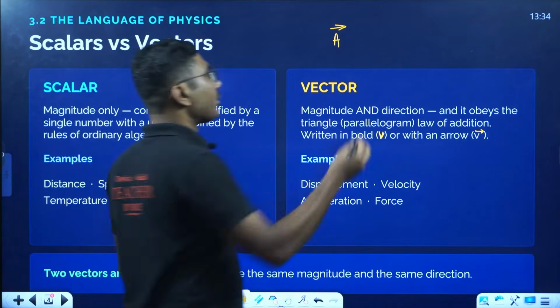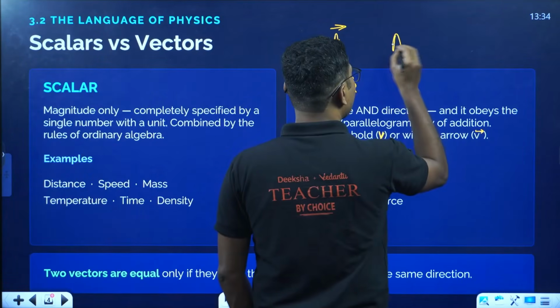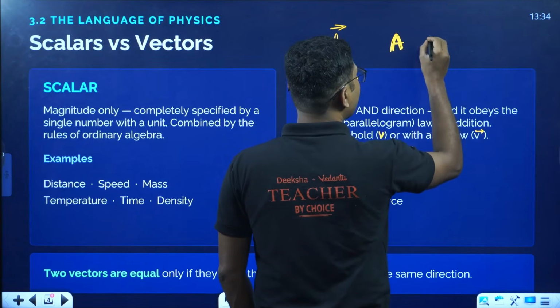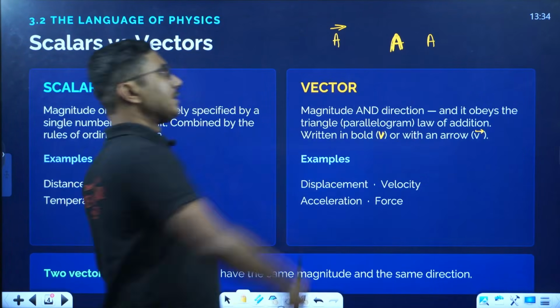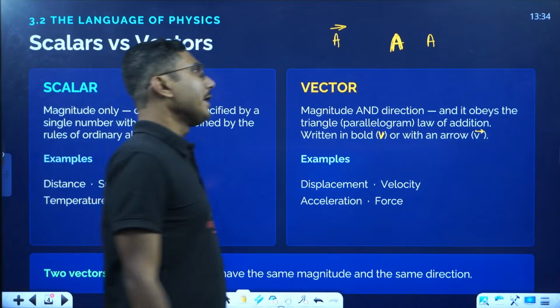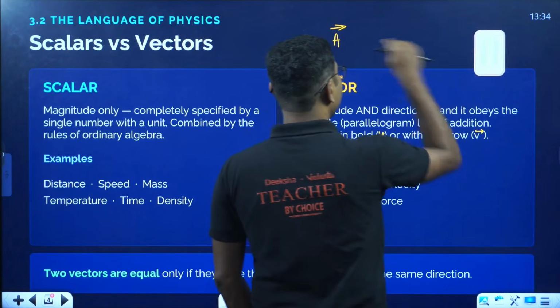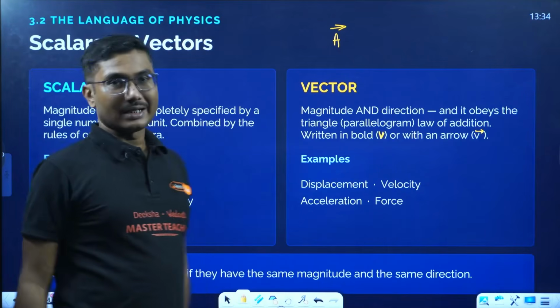In a textbook you might find something which is clearly bolder than the other A. So you can differentiate: this is a bold A, this is a non-bold A. But in our case we will use a vector sign.